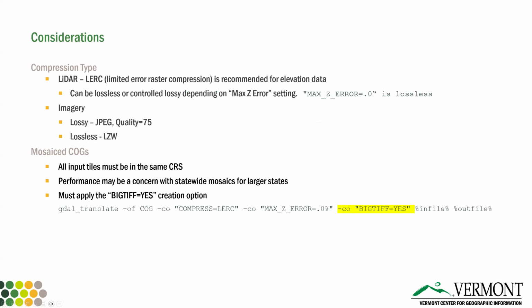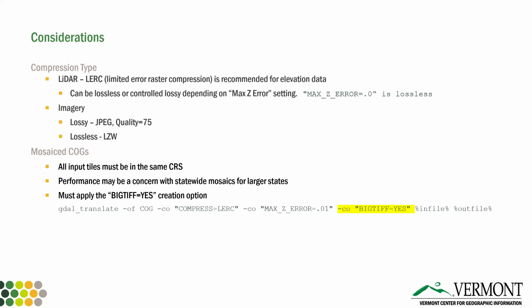Certain considerations: compression type is definitely something you want to think about. For LiDAR, from what I understand, LERC, limited error raster compression, is a really good compression for elevation data. It's called controlled lossy, so it can be lossless or it can be lossy depending on that max Z error setting.